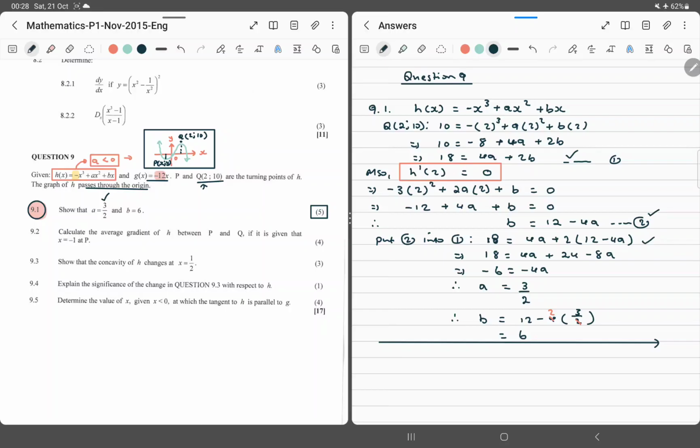Substituting one into the other is an important technique, and algebraically solving for that is a mark, even though it's given. We normally don't mark a substitution twice. Anyway, ascertaining that those values are there, we're getting the marks.